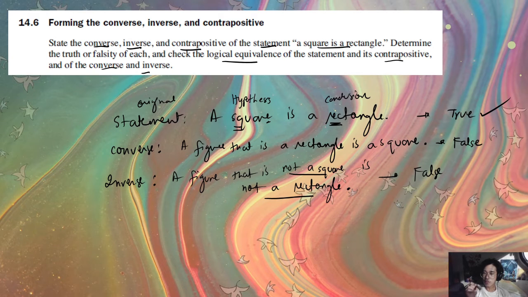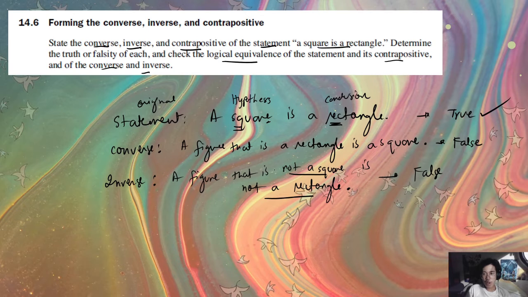But a rectangle has right angles that are congruent to each other. What other shapes could there be? A figure that is not a square is not a rectangle. Okay, so we know that this is false because we cannot generalize all not squares being not rectangles.